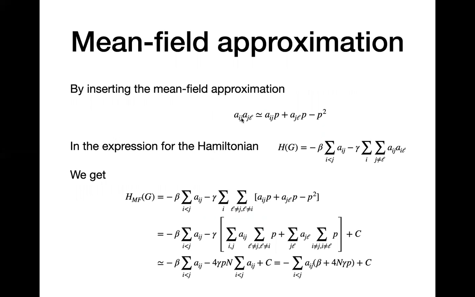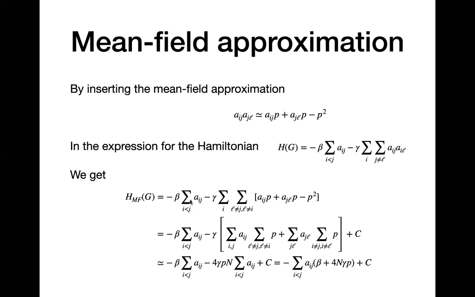So when you insert this expression p in the mean field approximation, you remember you express the product of the two adjacency matrix elements as the first multiplied by the average of the second, p, and then the second multiplied by the average of the first, p, minus the product of the two averages, so p squared. So we have originally this Hamiltonian, but we can express this Hamiltonian in this approximation.